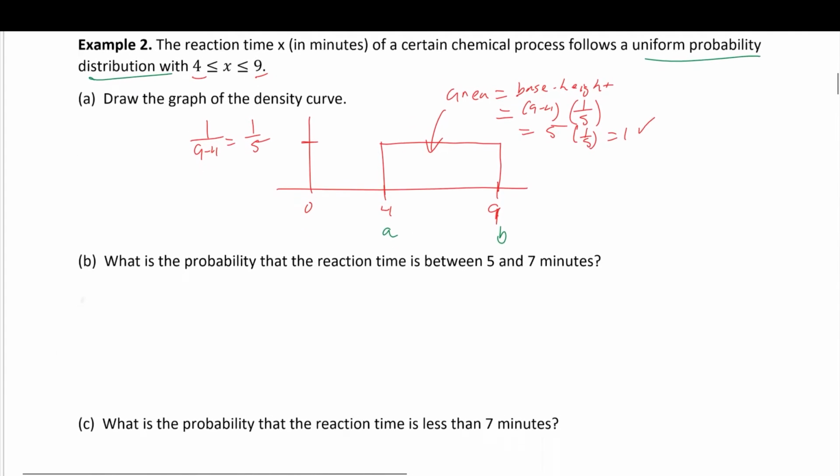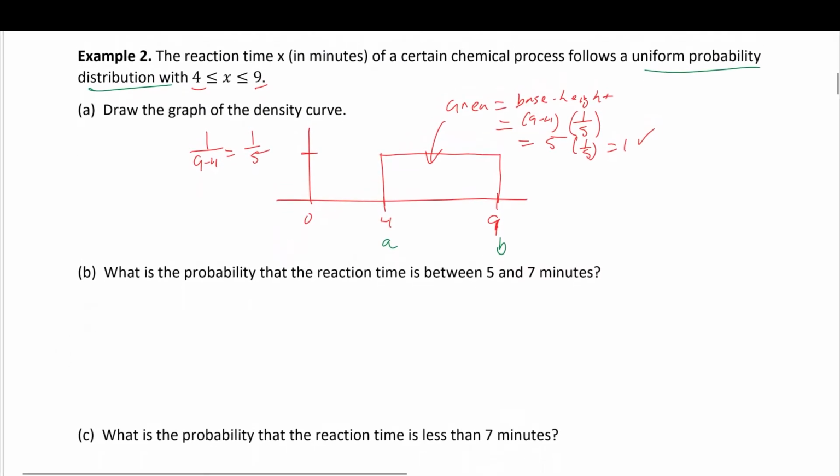Now we can start answering questions in reference to probabilities of this random variable. It says, what is the probability that the reaction time is between 5 and 7 minutes? Let's go ahead and draw that picture again. Here's 4, here's 9. That's our uniform probability distribution. The height here is 1 out of 5.